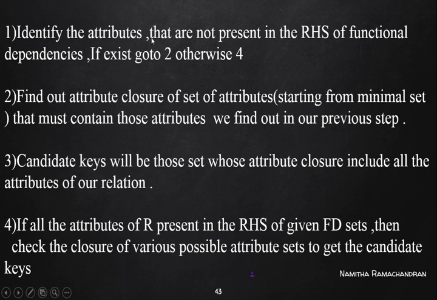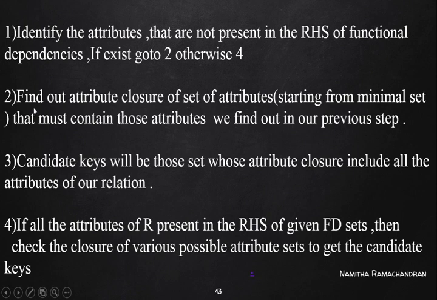Identify the attributes of your relation that are not present in the right hand side of the given functional dependencies. If there exist such attributes, follow the step specified in step 2.